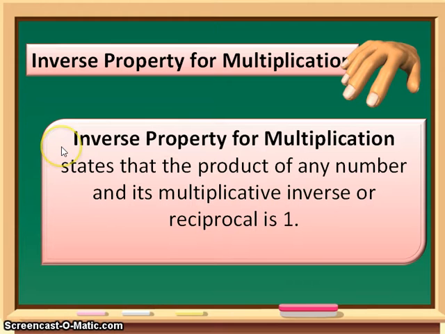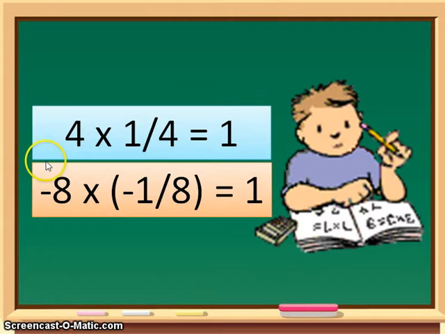So inverse property for multiplication states that the product of any number and its multiplicative inverse or reciprocal is 1. Now let's take these examples. If we have a number 4, its reciprocal is 1/4, and if we multiply them together we will get 1.